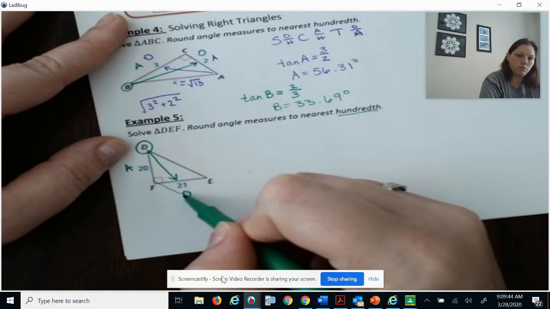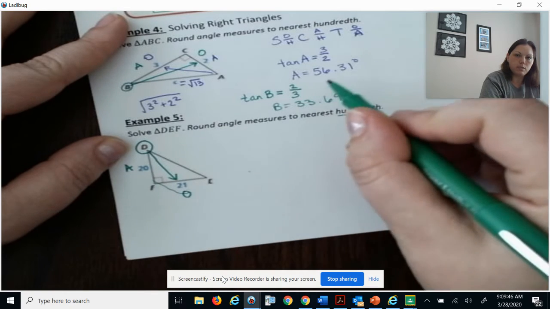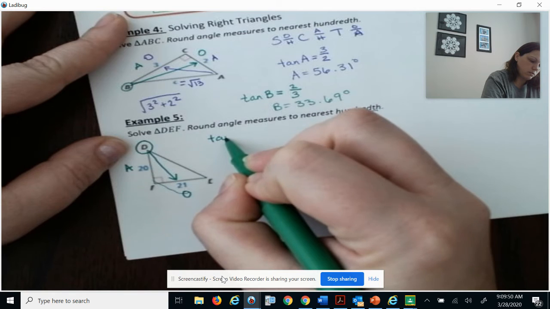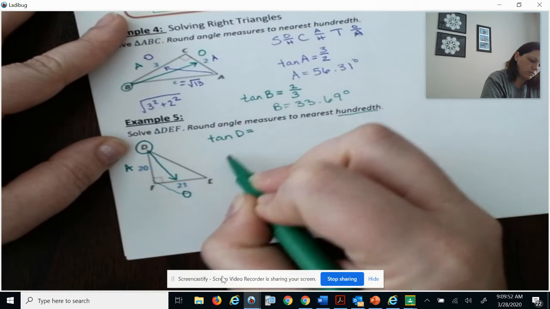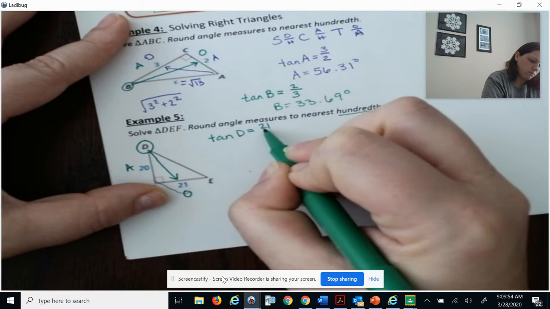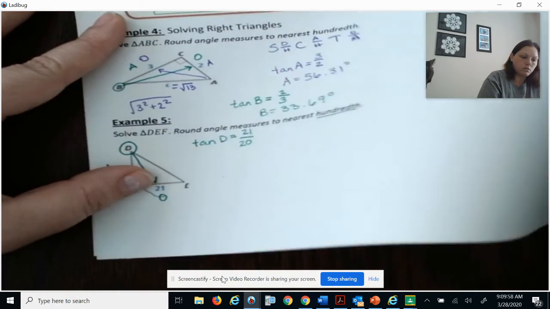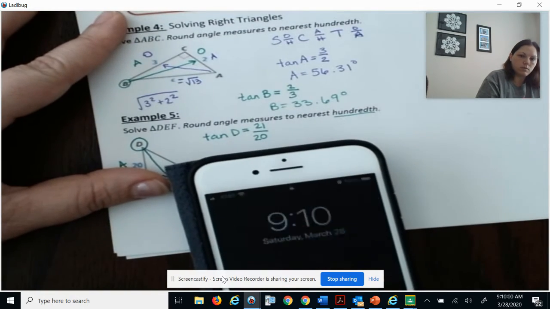So we have the O and the A, which means we're going to use the TOA again. So we have tangent of D equals opposite was 21, adjacent was 20. To find the angle measure, I'm going to use the inverse tangent.